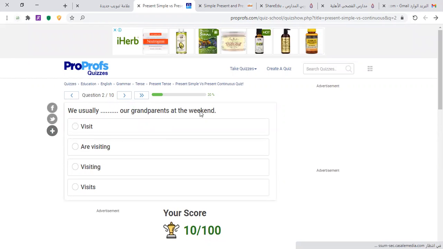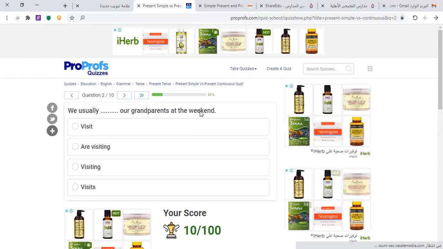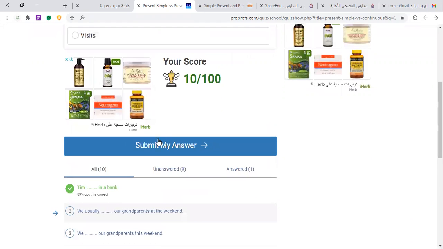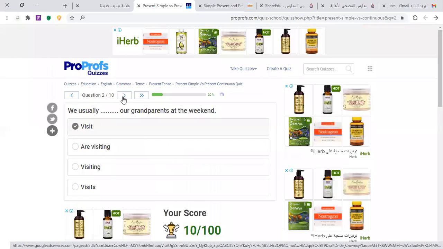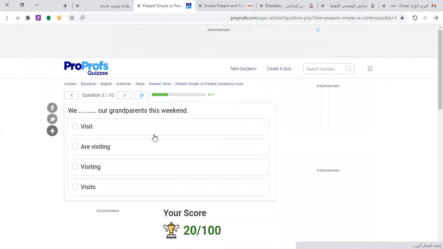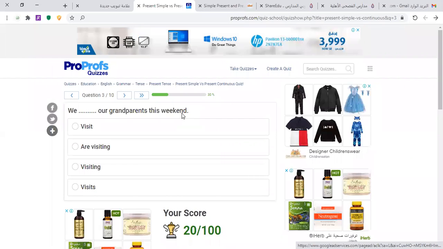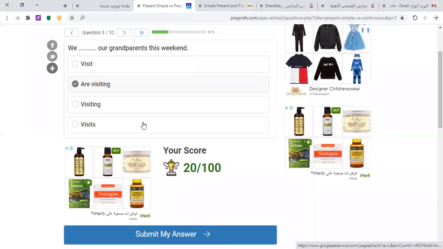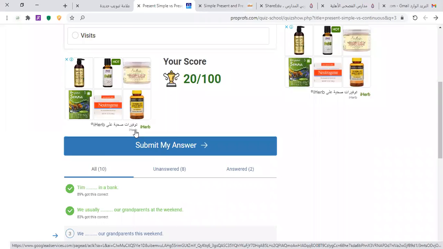What do you think? Visit. Yes, visit. Let's see. Very good. We, our grandparents this weekend. Yes. Are visiting. Perfect. We are visiting.